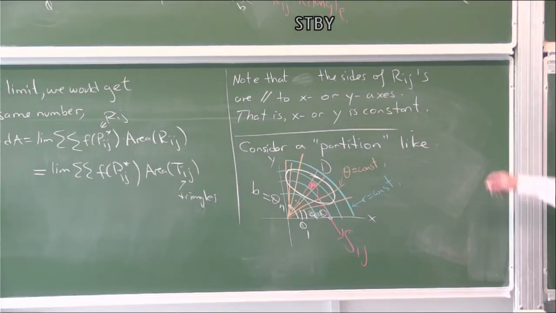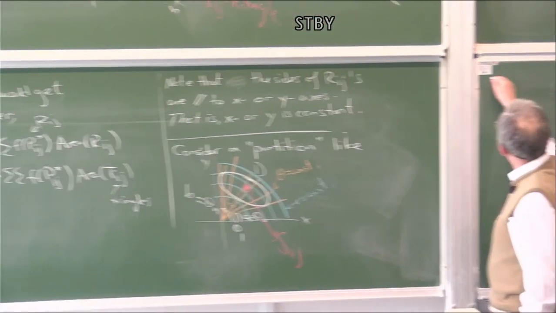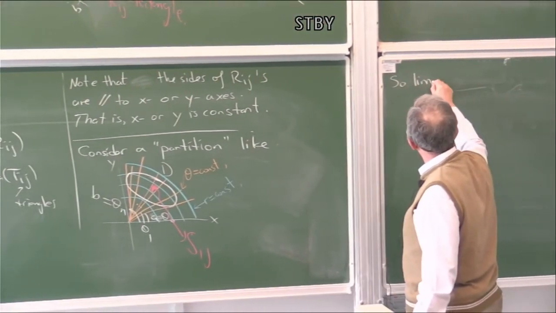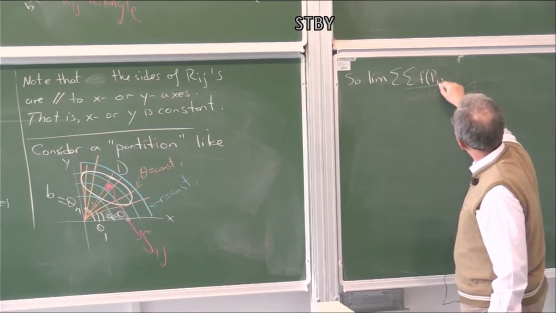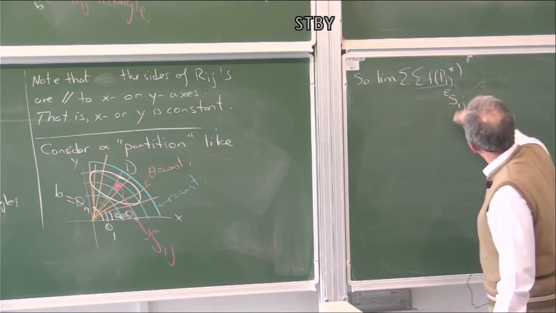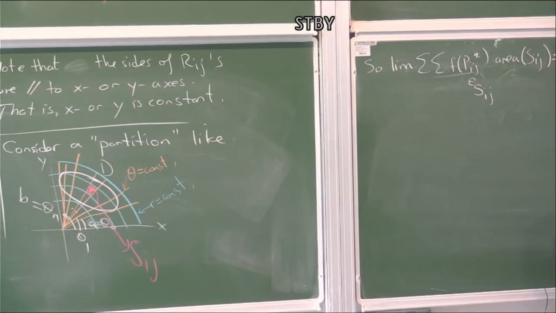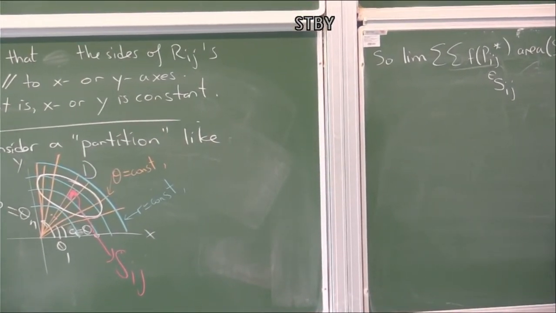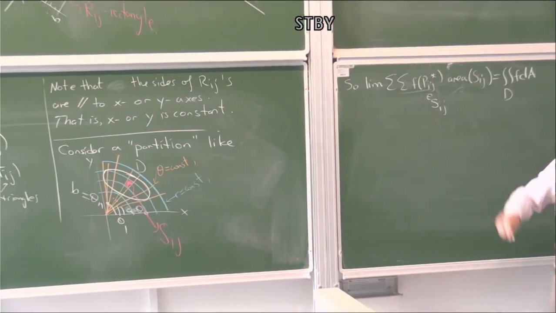Firstly, let us form the sum. So the limit of the double sum of f(p_ij star), where this is an element of S_ij, times the area of S_ij, is actually the double integral of f over D. That's what we discussed a minute ago.